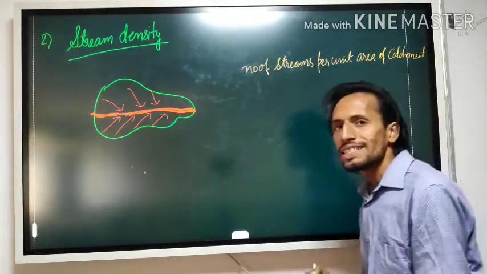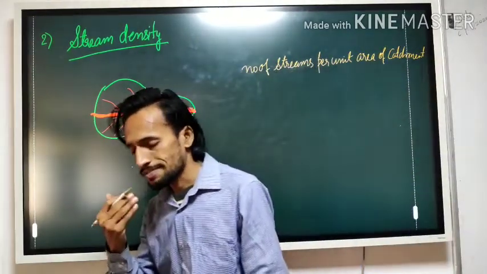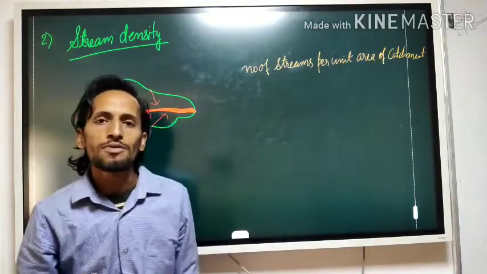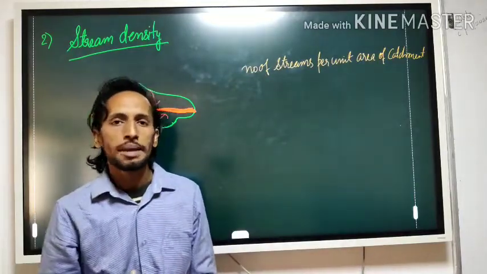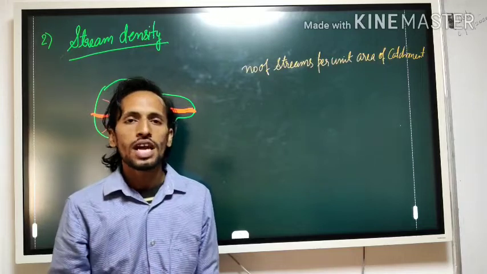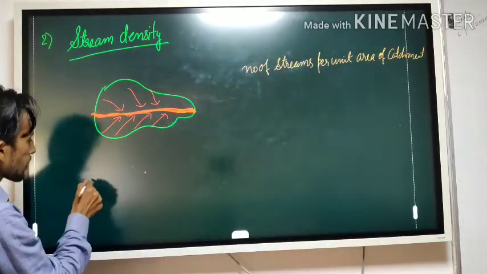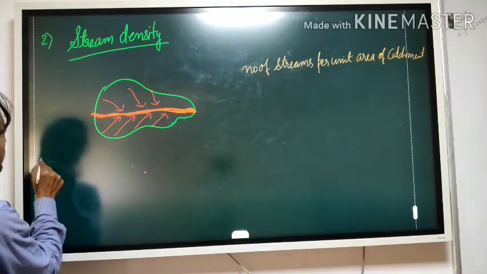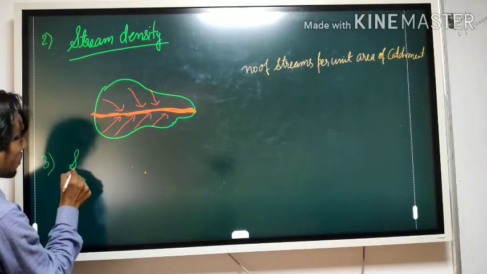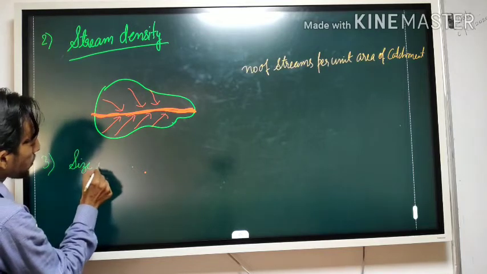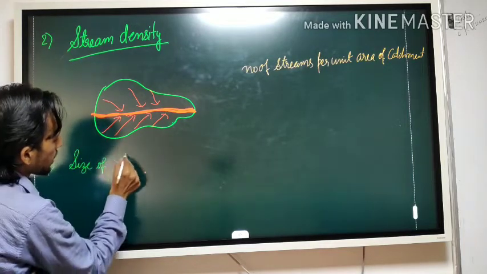So stream density is the second factor which is affecting the shape of your hydrograph. The first factor was the shape of the basin. Then what can be another point? The third can be the size of the catchment.